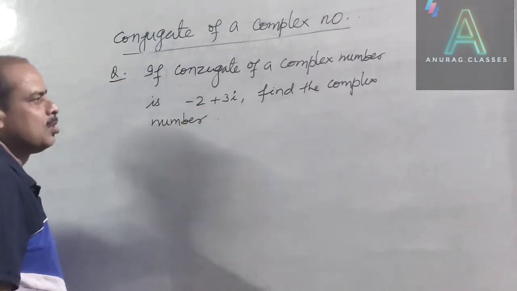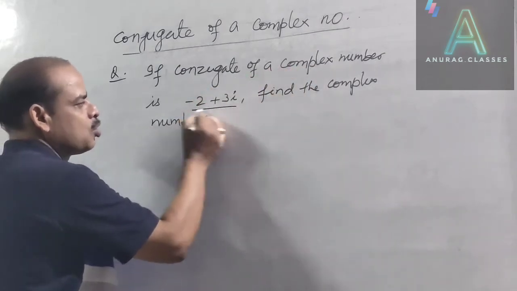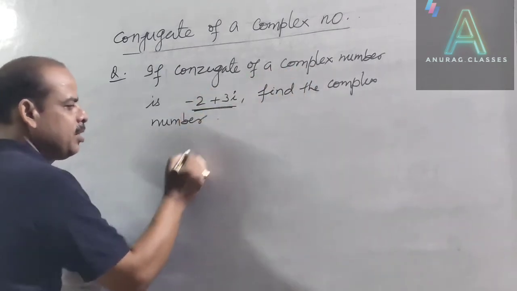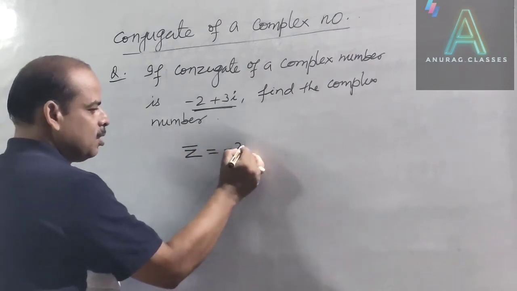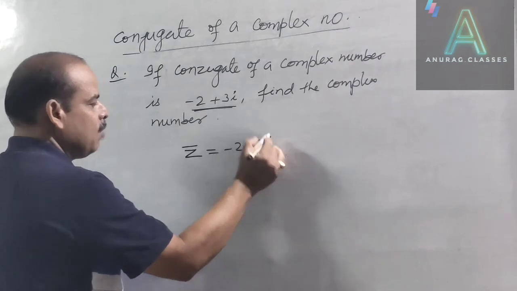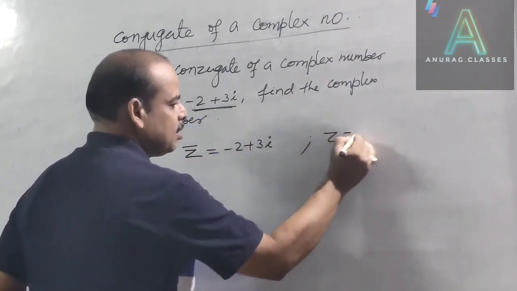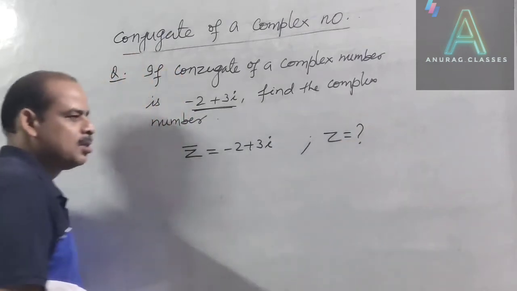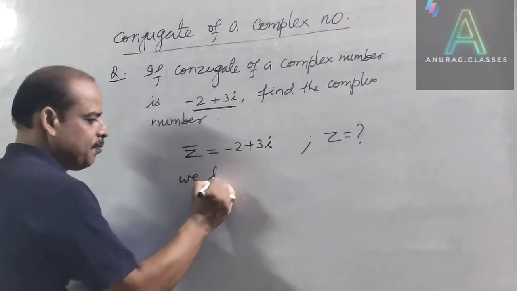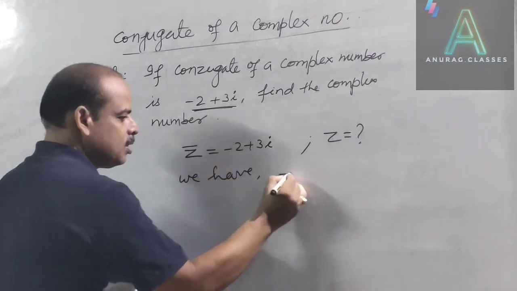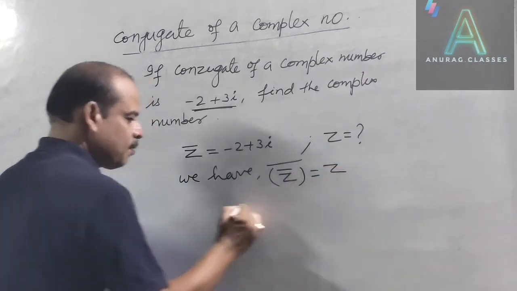So in this question, you can see that conjugate of complex number is -2 plus 3 iota. Means -2 plus 3 iota is the value of conjugate of z. And we have to find the value of complex number. Means what is z? It is to be determined. So as you have seen in the properties, we have z conjugate whole conjugate is z.